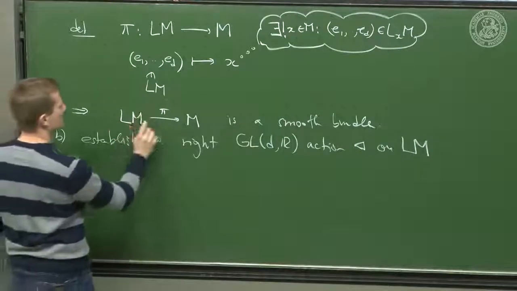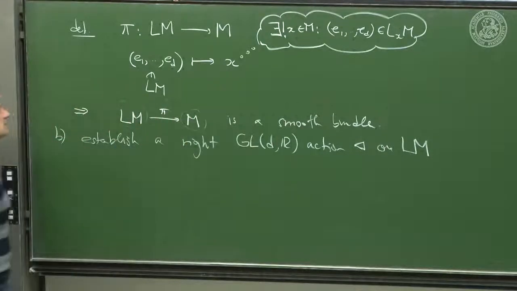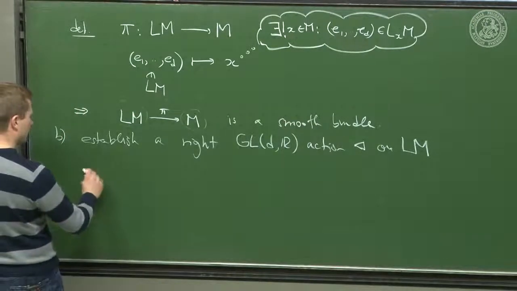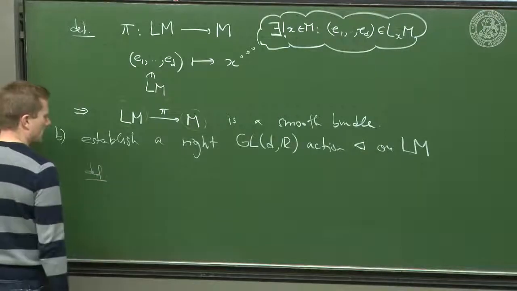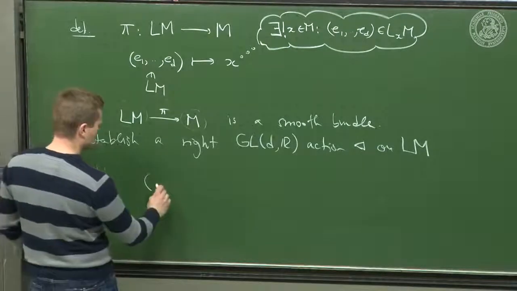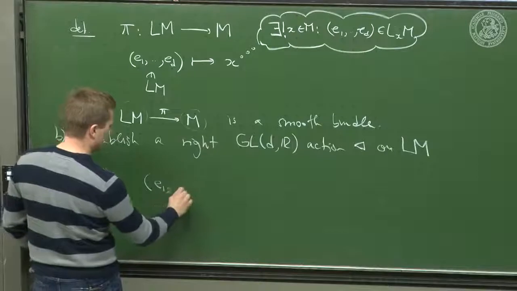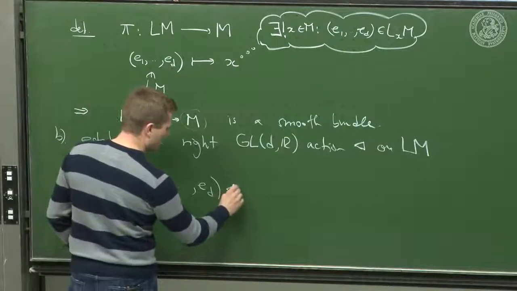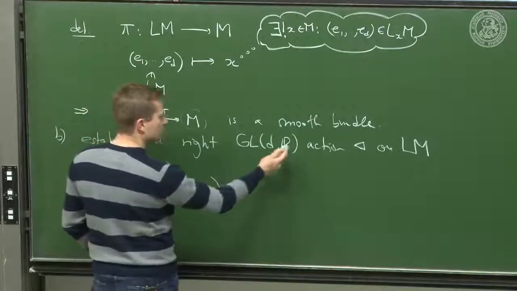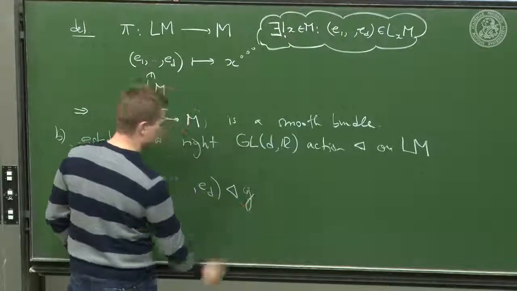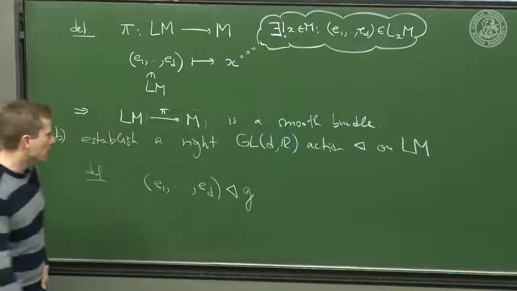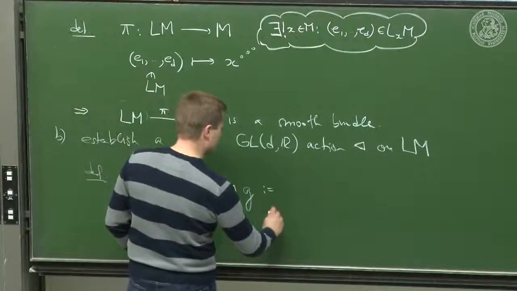Remember, this is the total space of the bundle, this is the base space, this is the projection map. We define this action as follows: we take an element E1 to ED, and we wish to act on it with a GL transformation. Let's call it small g, where small g is an element of GL(D). And we define this action as follows.